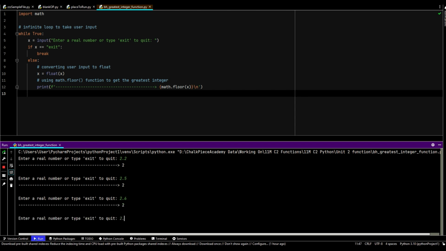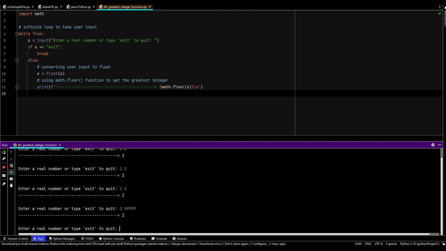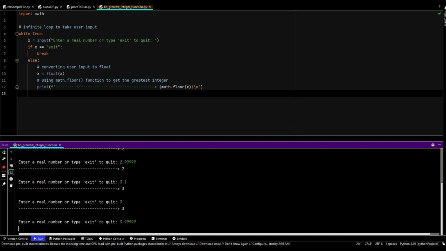If I give an input of 2.99999, my output is 2 again. If I give an input of 3.1, the output is 3. If I give an input of 3, the output is 3 again. If I give an input of 3.99999, the output is 3.